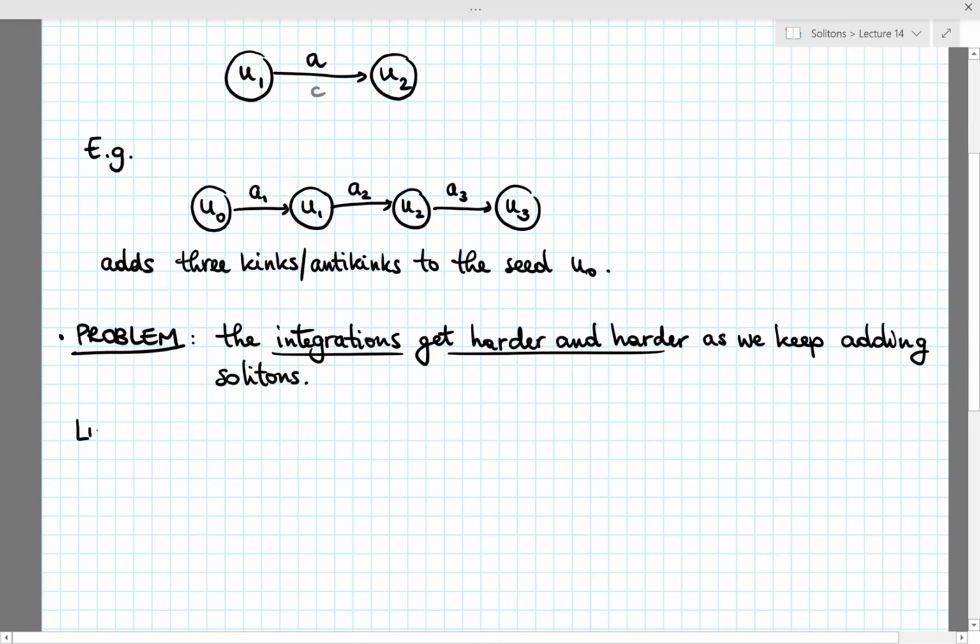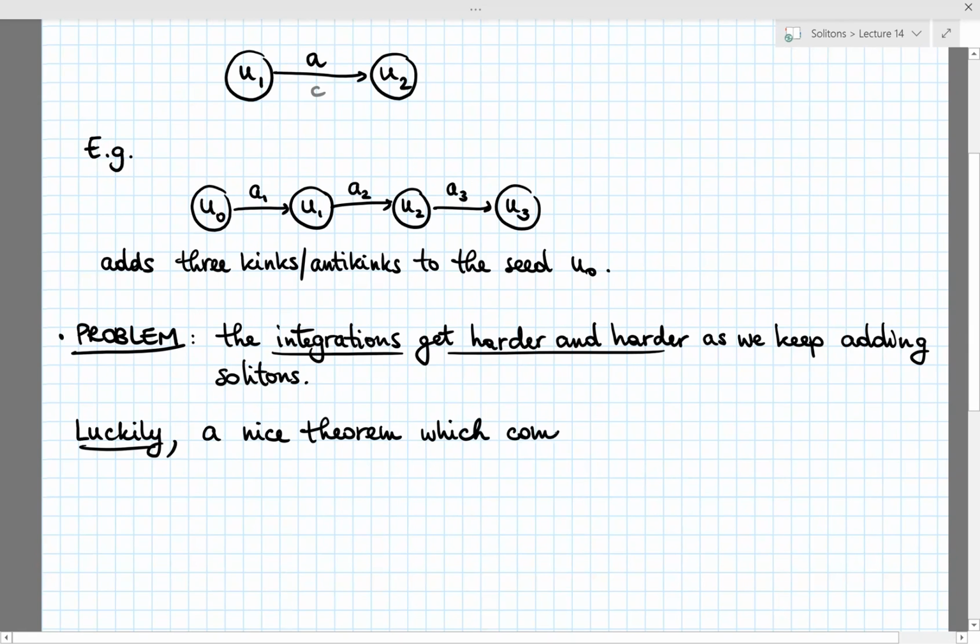But luckily for us, there is a nice theorem which comes to the rescue. And that's what we're going to look at next.